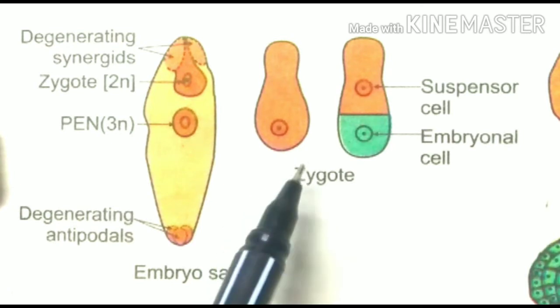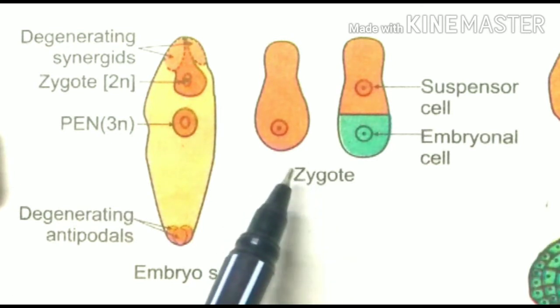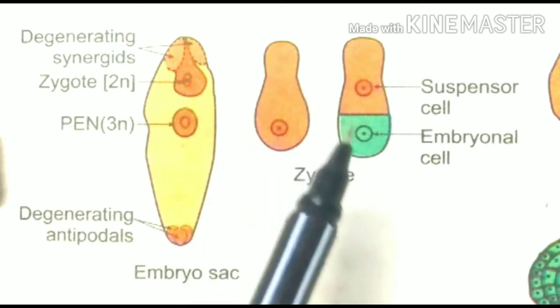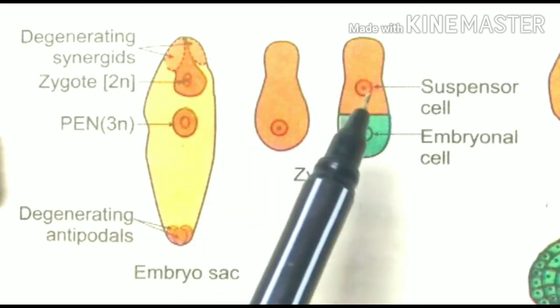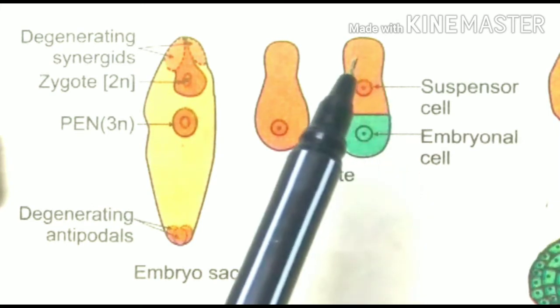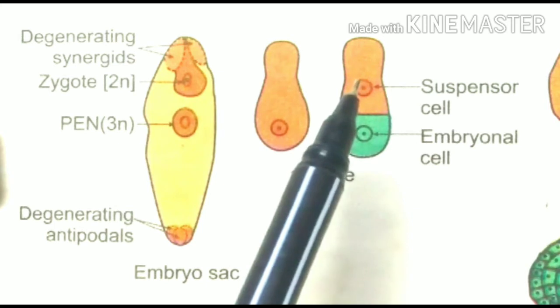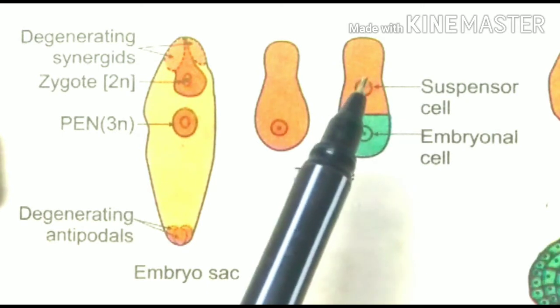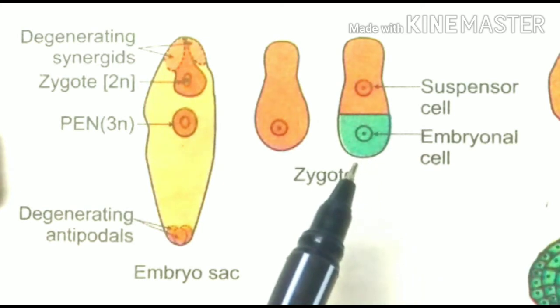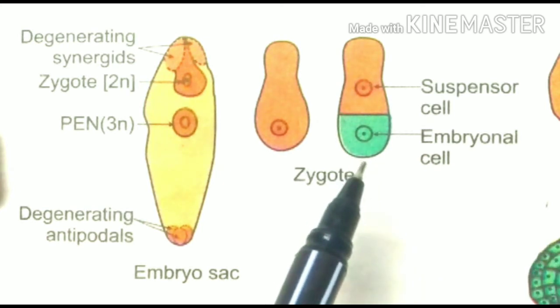That oospore divides transversally and forms two cells. The larger cell is called the suspensor cell or basal cell, while the smaller cell is called the embryonal cell.